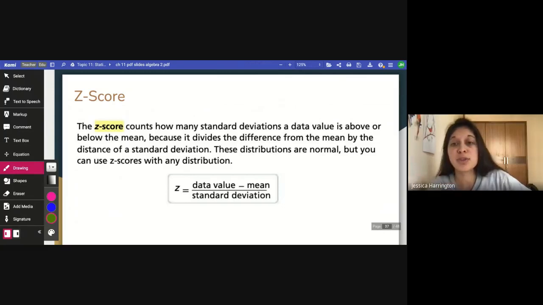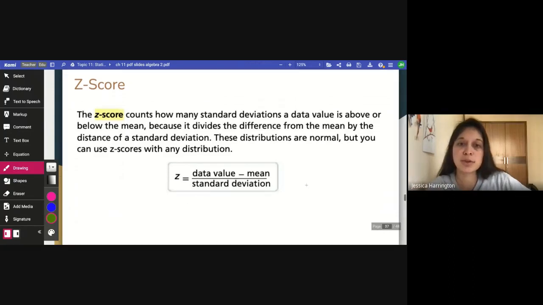You're usually using them for normal distributions, but you can use them with any distribution. So this is how you find the z-score. You want to write this down. You take your data value, take away the mean, and divide by the standard deviation. And it tells you, oh, I'm 2.6 standard deviations above the mean, or I'm 3.4 standard deviations below the mean. That's what the z-score will tell you.